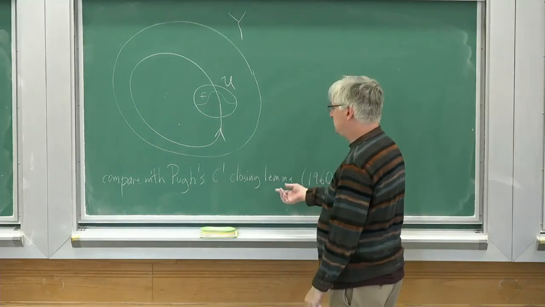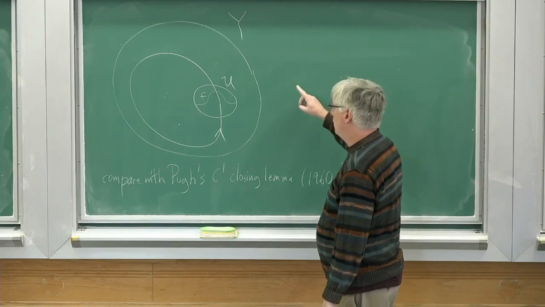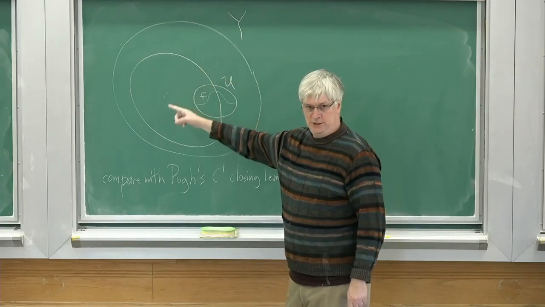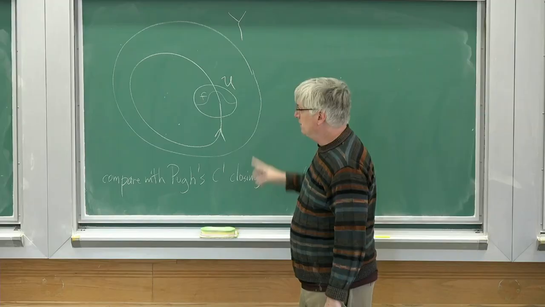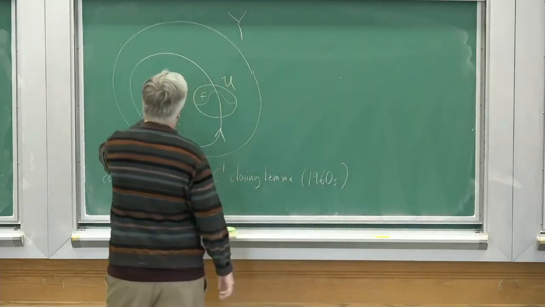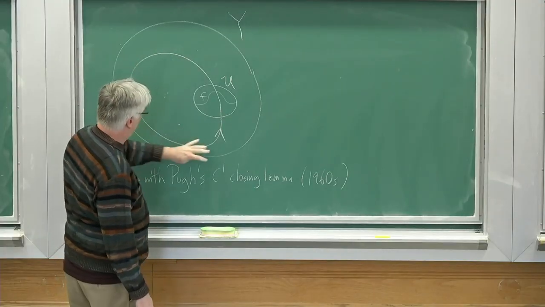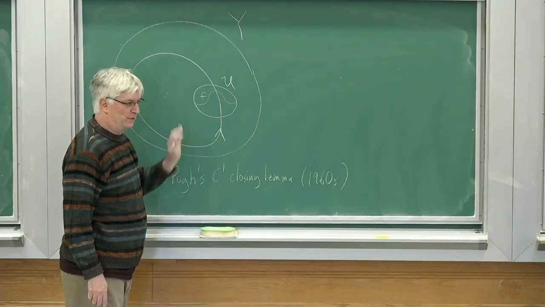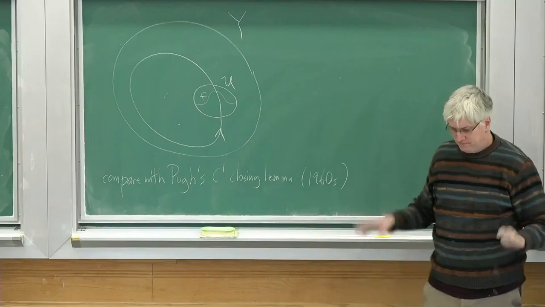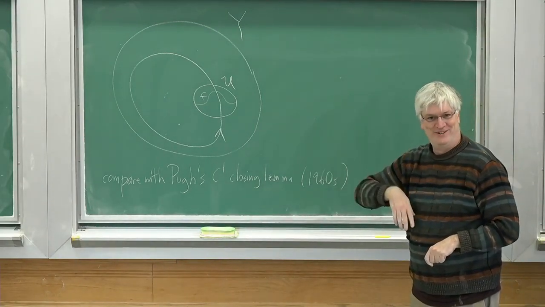It's a more general statement, but in this context, what Pugh's closing lemma would say is that I can make a C1 small modification of the vector field to arrange a periodic orbit going through U. And you have to do it very carefully. You have to very carefully modify the vector field on all of Y to make this periodic orbit appear through U. And Uriah is saying, you don't have to be careful at all. Just throw some fertilizer, something will grow.